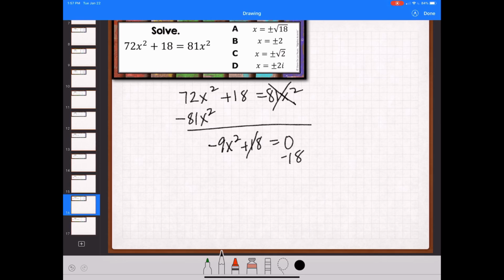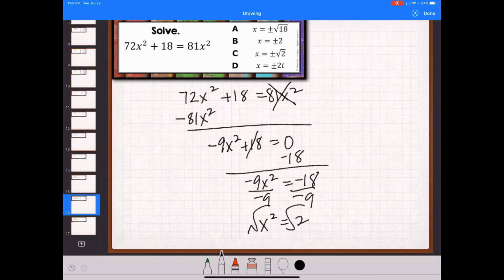I'm going to pass the 18 to the other side. Negative 9x squared equals negative 18. Divide by negative 9. And I get x squared equals 2. And then now I am going to take the square root. So x equals positive and negative radical 2.